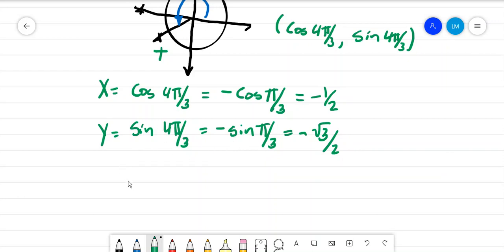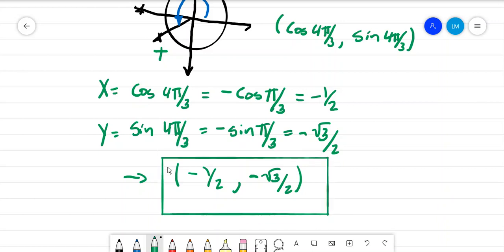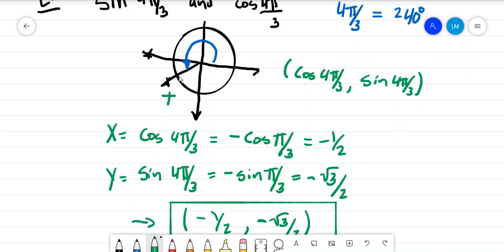Okay, so basically this tells me that the ordered pair is negative 1/2 and then negative root 3 over 2. So a typical question like this is just asking for the ordered pair that passes through the angle measure of 240 degrees, or what ordered pair intersects the unit circle.